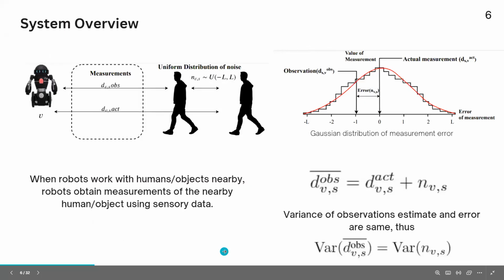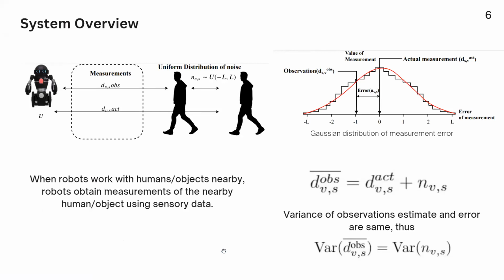This is my master thesis presentation. Basically, in my initial modeling, I assumed that the measurement error in the distance estimation will follow a Gaussian distribution, right?